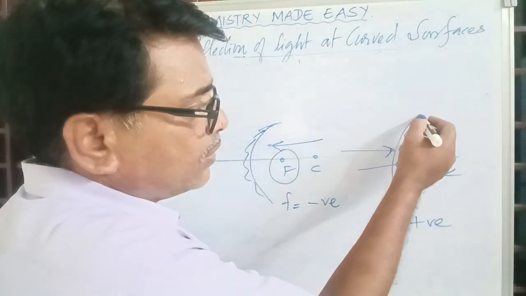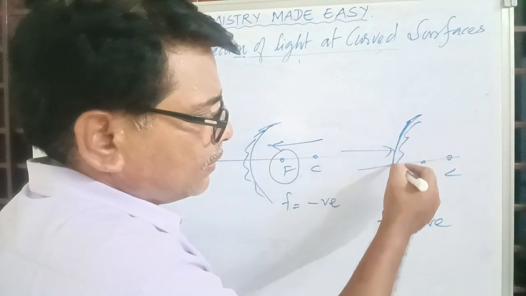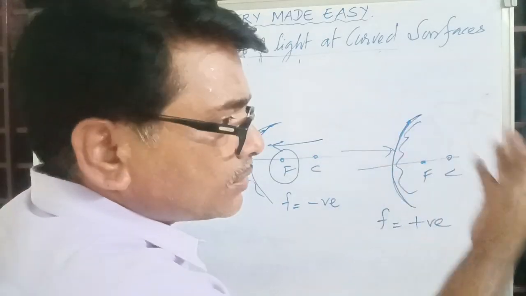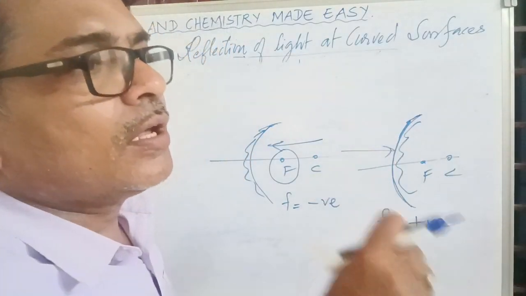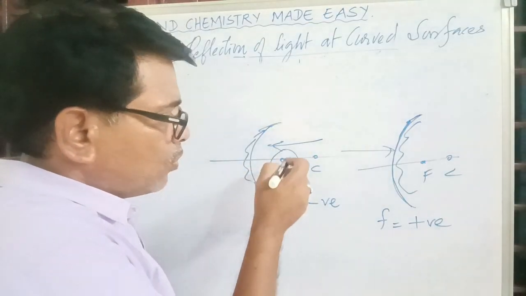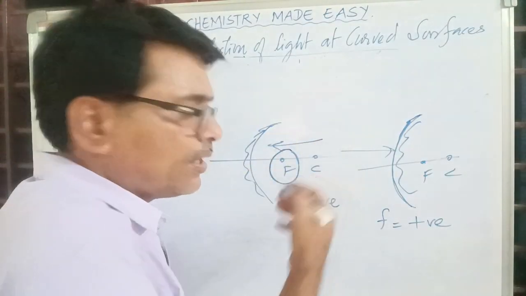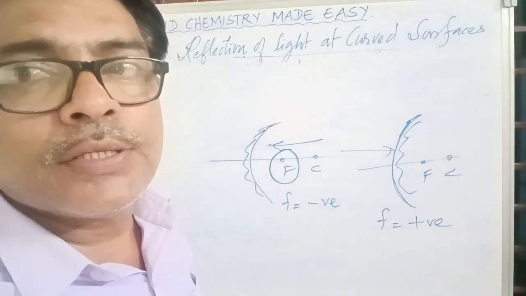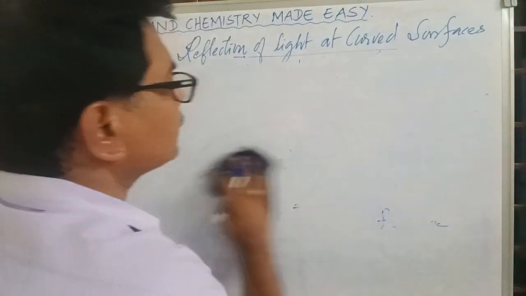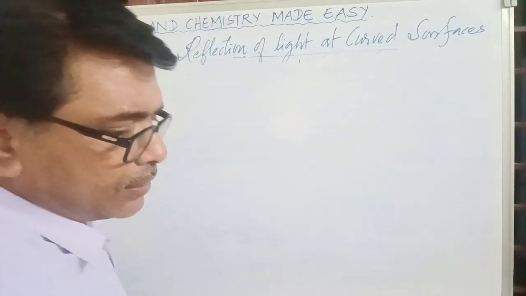This is a surface which reflects, forms images. So if the focal point is on the other side of the reflecting surface, then F should be considered as positive. If the focal point is in front of the reflecting surface, then the focal point should be considered as negative.